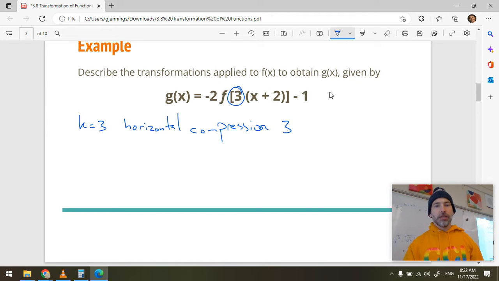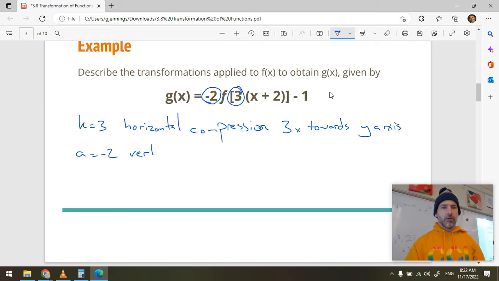All things will get 3 times closer to the y-axis. And then Oscar says we should do this a transformation as well. Oscar, a is minus 2. What's that going to do? Reflection in the x-axis and vertical stretch.